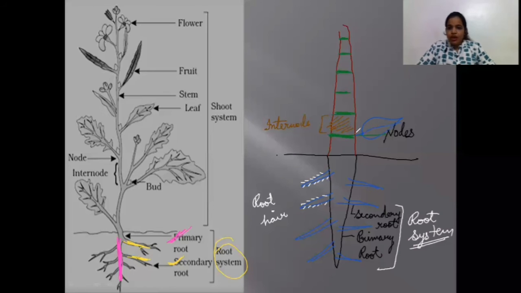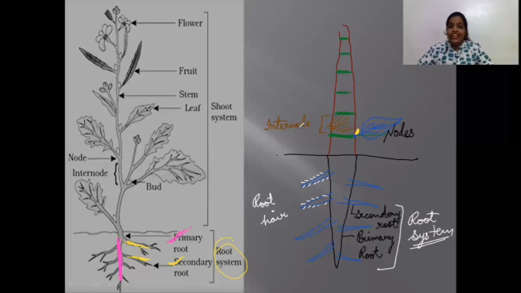Now the point where the leaf attaches to the stem is known as the axil, and on this axil a bud will be present, which is actually known as the axillary bud. This axillary bud can further form different parts like branches, it can form flowers also, or any other parts.